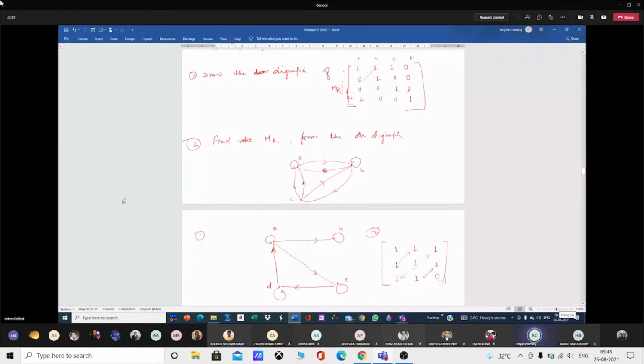Now come to the very important thing, closure. Using the matrix or the construction of the transitive relation especially is not so easy. But we have an algorithm using which we can find the transitive closure.